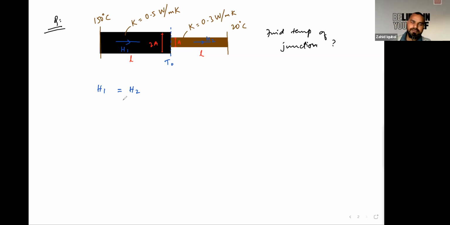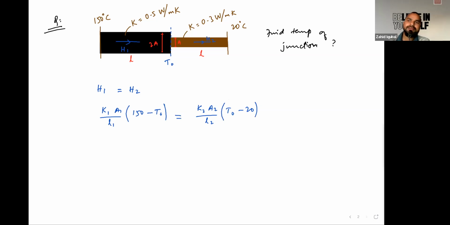Samara, just see how to solve it. According to the formula, heat current is K A by length times change in temperature, which will be higher temperature minus lower temperature. Second part, K A by length, higher temperature minus lower temperature.